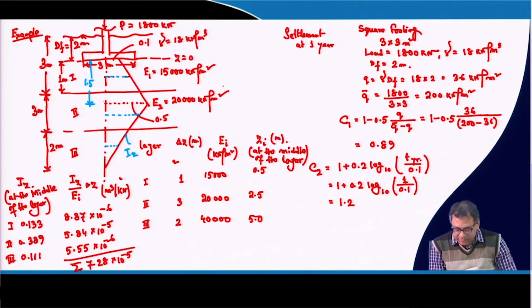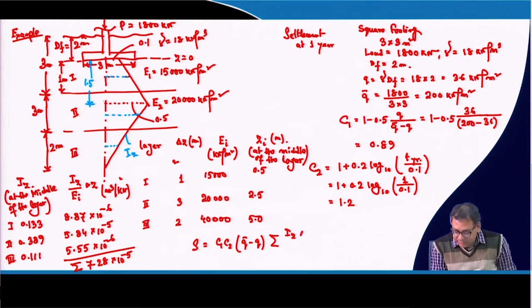Now, the final settlement S will be equal to C1, C2, (q bar minus q) times the summation of Iz del Z by E. So, C1 is 0.89, and C2 for 1 year is 1.2.